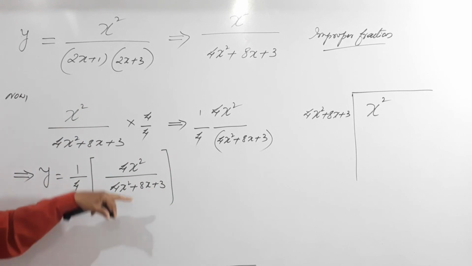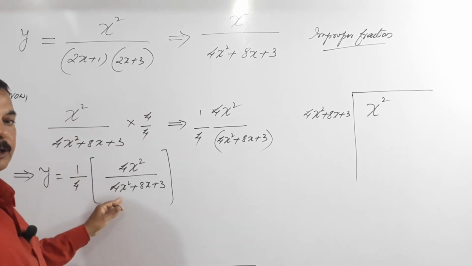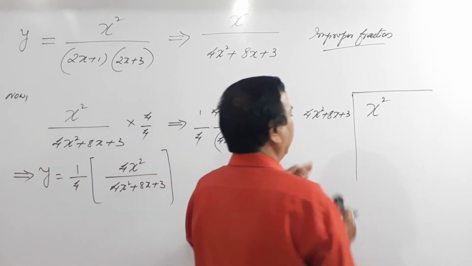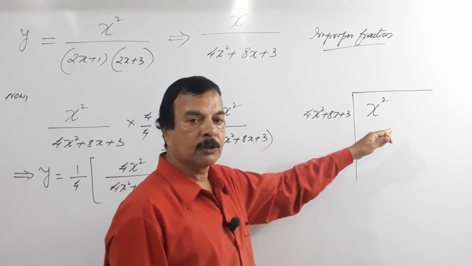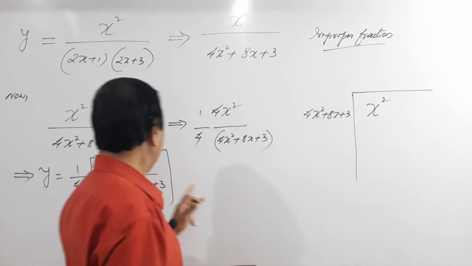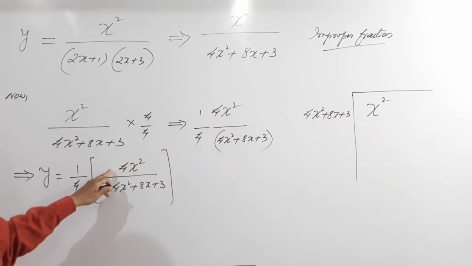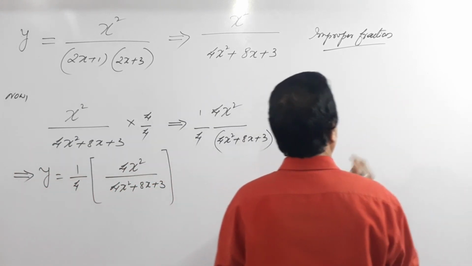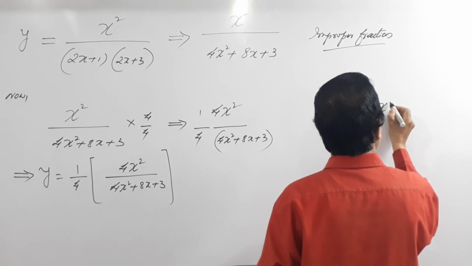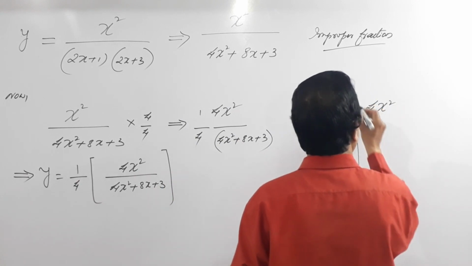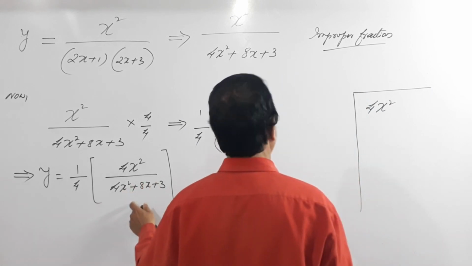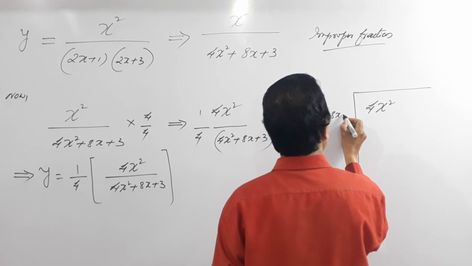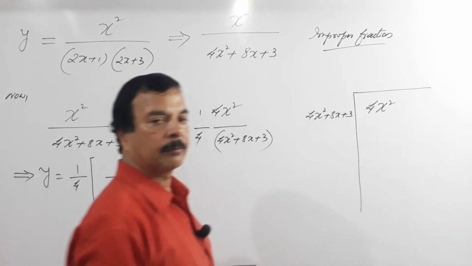Now I can easily divide the numerator by the denominator. I just wrote the earlier form to show you it is not possible to divide like this, so I'll bring it to a form where it is divisible. I'll take 4x square divided by 4x square plus 8x plus 3.